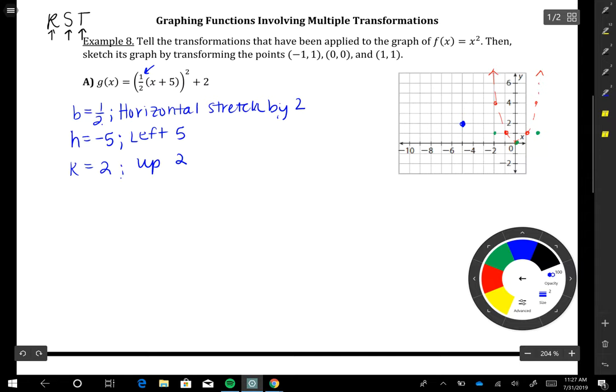Then you can either count from these points, left 5 up 2, or just know that they are 2 away horizontally from the vertex and 1 away vertically. So right 2, up 1, left 2, up 1. So we have horizontally stretched and we have translated. That's not very good looking, but that's what happened. So this is our graph that has undergone those transformations.